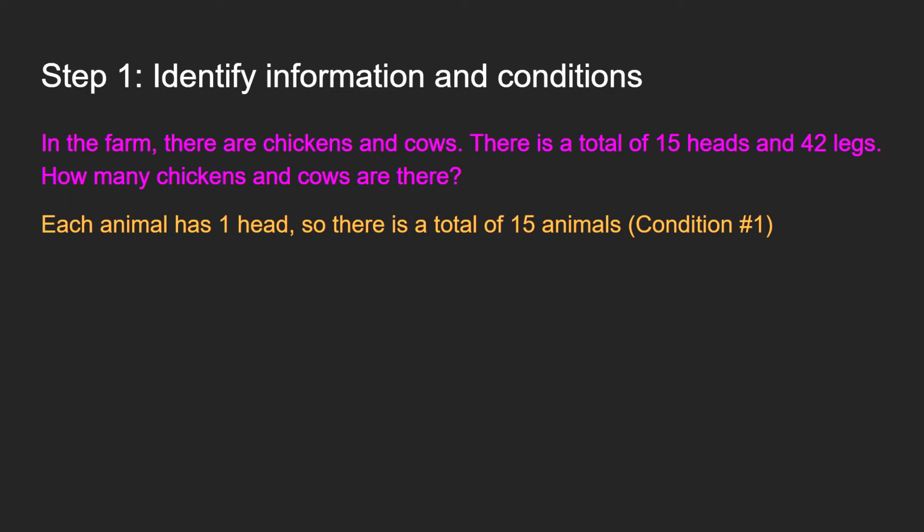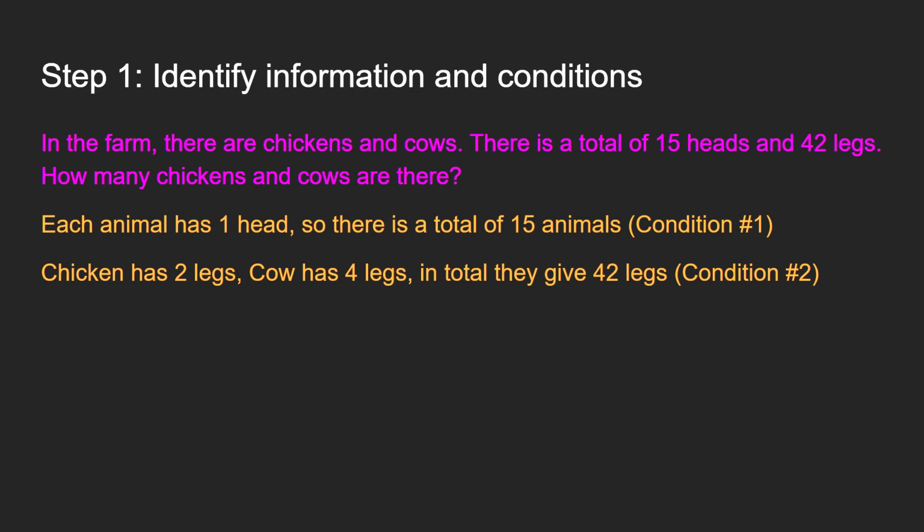So in this case, chickens and cows only got one head each. So there's a total of 15 animals, and that's our condition 1. And what's our condition 2? The total number of legs. So we need to think about how many legs there are for each animal. So chicken have 2 legs, cow have 4 legs, and in total they give 42 legs out of the 15 chickens and cows. So that's condition 2.